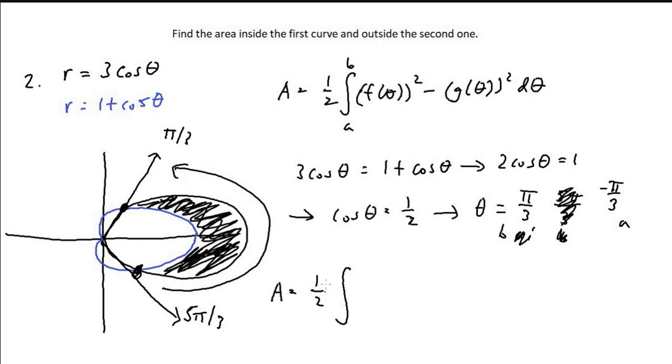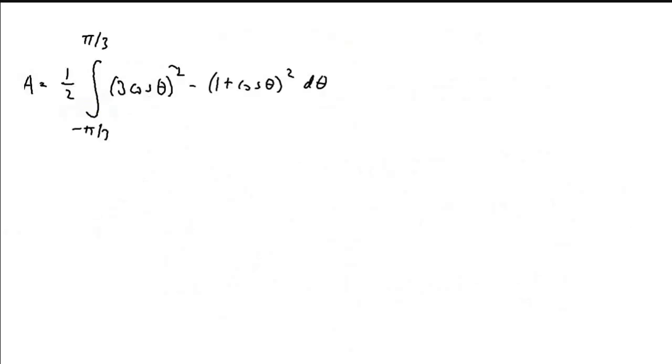So our integral is 1/2 times the integral from negative pi over 3 to positive pi over 3 of f of theta, which is the outer curve, 3 cosine theta, squared, minus g of theta, or 1 plus cosine theta, squared, d theta.